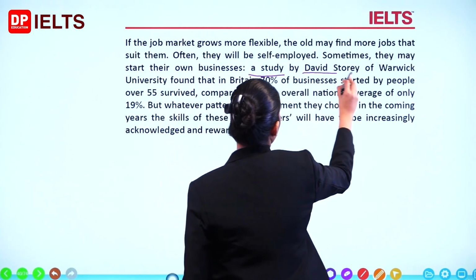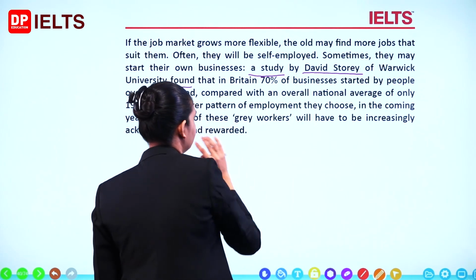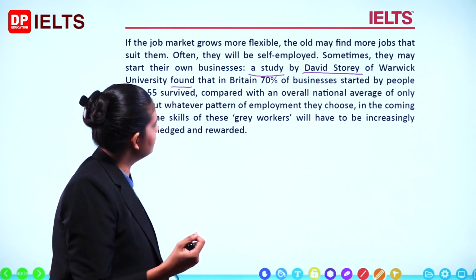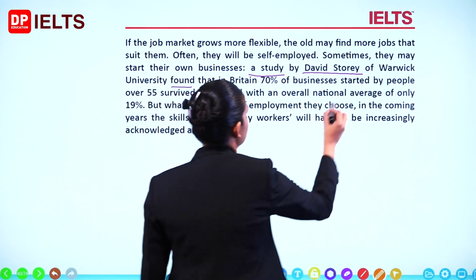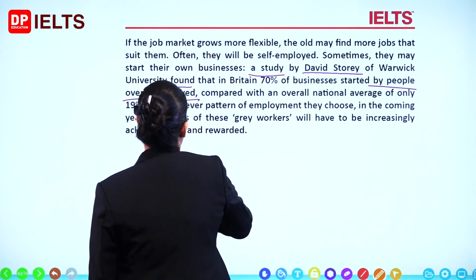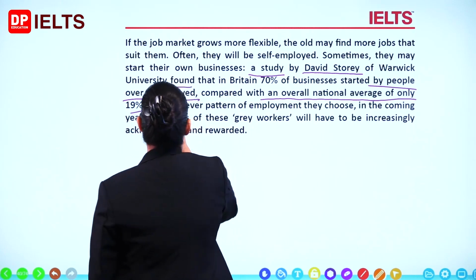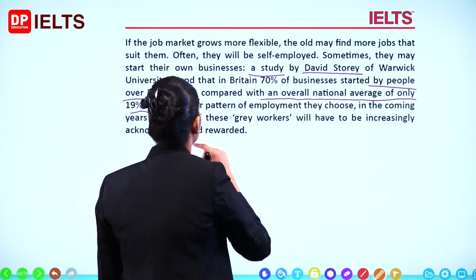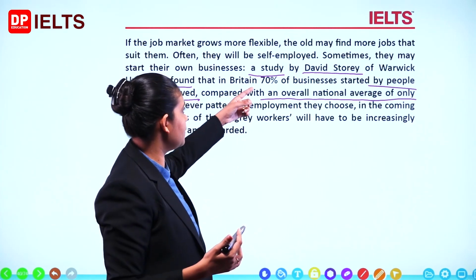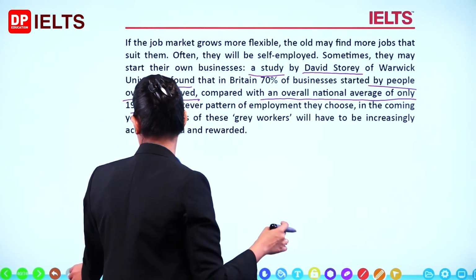A study by David Storey of Warwick University found, very clearly, that's where our answer is, that in Britain 70% of the businesses started by over 55s survived, compared with an overall national average of only 19%. So what did he say? In Britain, 70% of the businesses started by people over 55 survived.